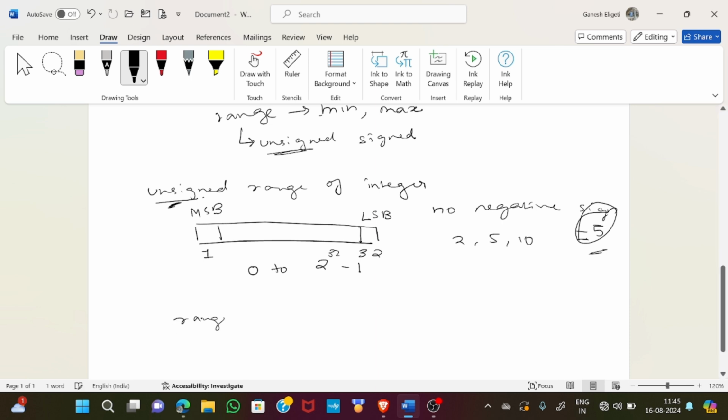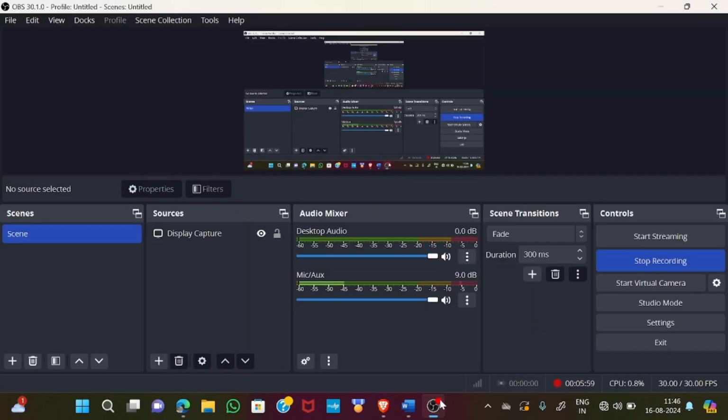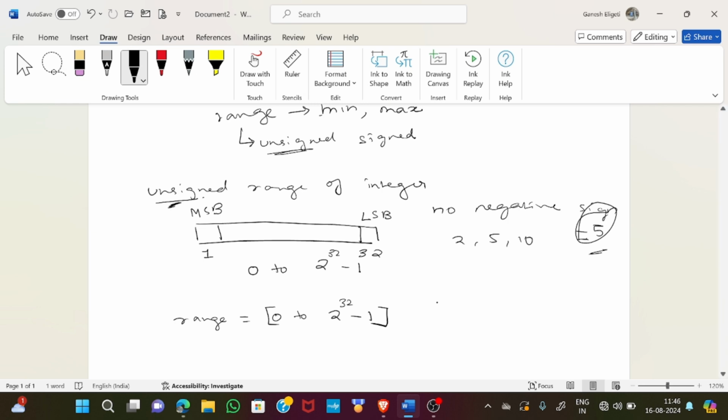Its range will be 0 to 2 power 32 minus 1 because the lowest number which we can represent is all 0s, which results in 0.